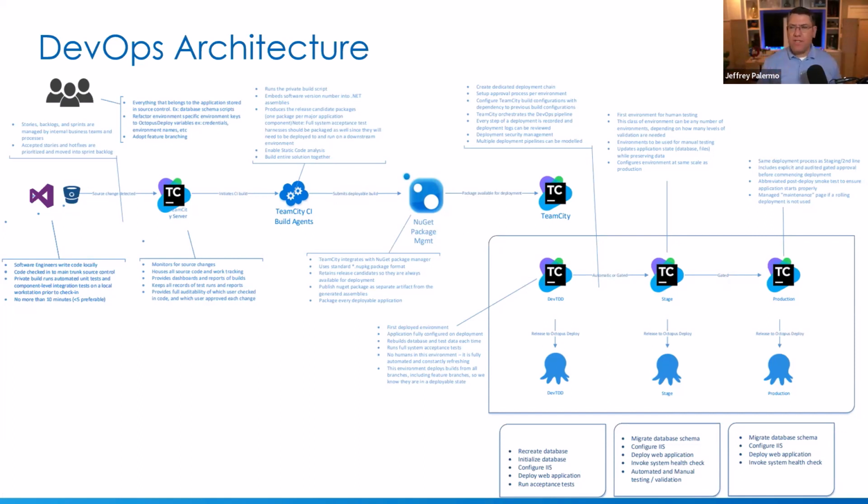And I'll show that to you, running automated tests against the release candidate of our application that was just deployed to our test automation environment. All right, so there's a lot more information on this DevOps architecture diagram. We have this in a large format, a DevOps architecture poster.